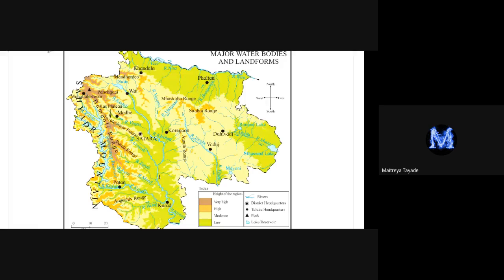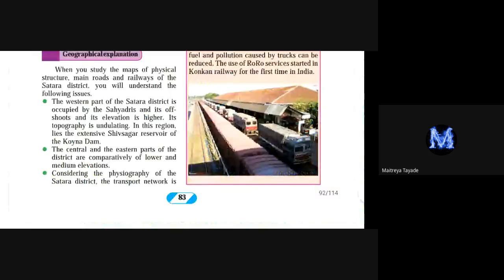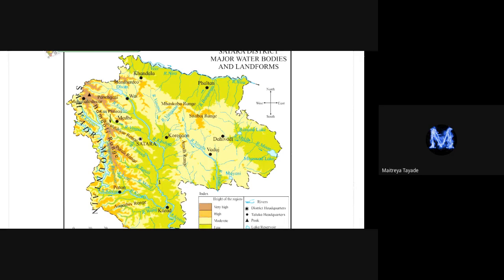Basically its name is Shivsagar, but it is part of Koina Dam. The central and eastern parts of the district are of comparatively lower and medium elevations. Let's see the central and eastern part: you can easily see there is moderate and low elevation in this area.